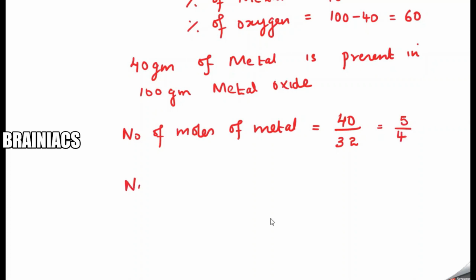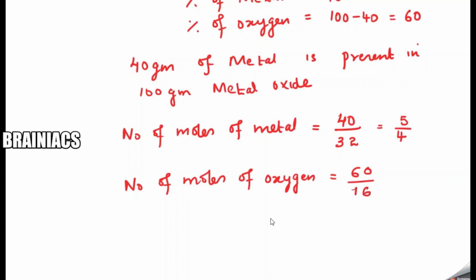And the number of moles of oxygen is equal to how much? Tell me. So it is 60 gram, correct? 60 percent of oxygen means 60 gram of oxygen is present in 100 gram of metal oxide. So I will put 60 divided by the atomic mass of oxygen, that is 16. Correct?